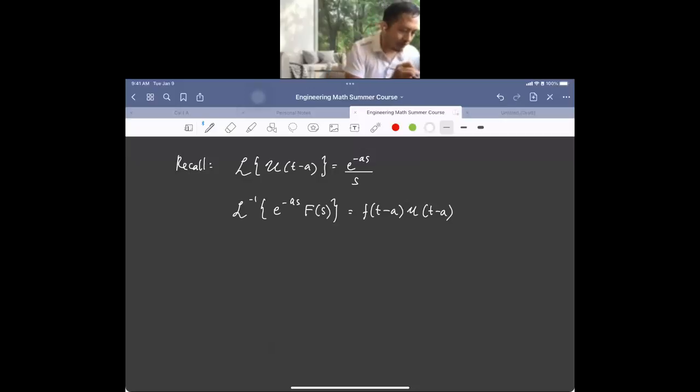The alternative form is Laplace of g of t times Heaviside t minus a equals e to the minus as, and then Laplace of g of t plus a. This can also be done.